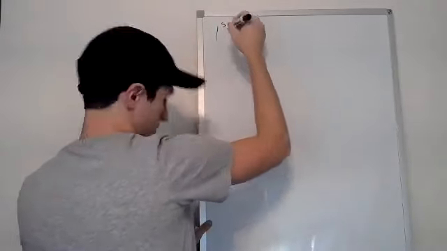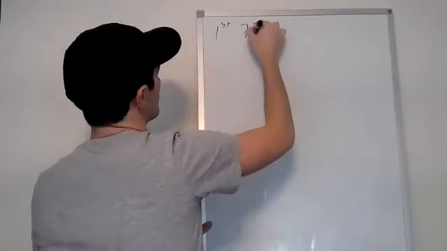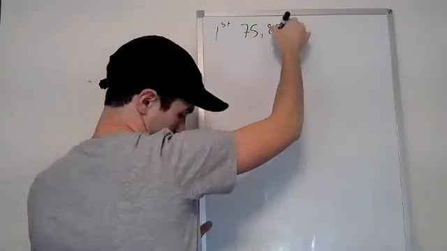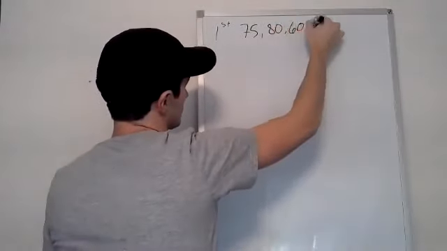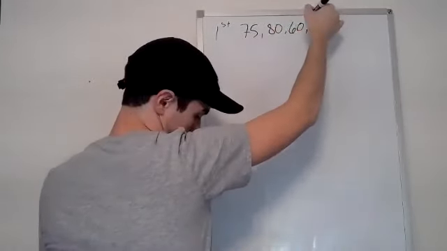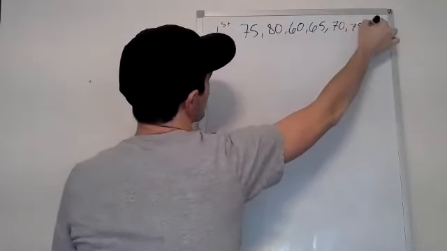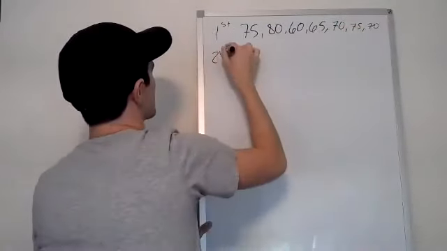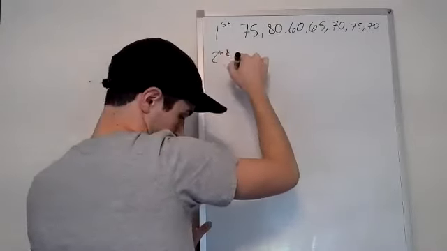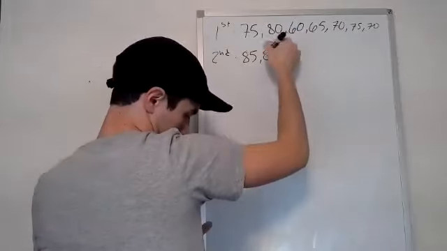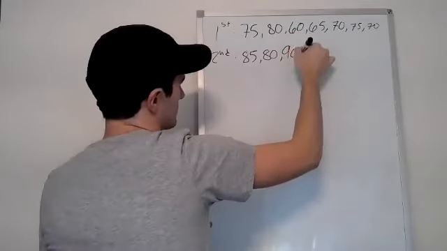So the first semester, 75, 80, 60, 65, 70, 75, 70. In the second semester, 85. Getting better.